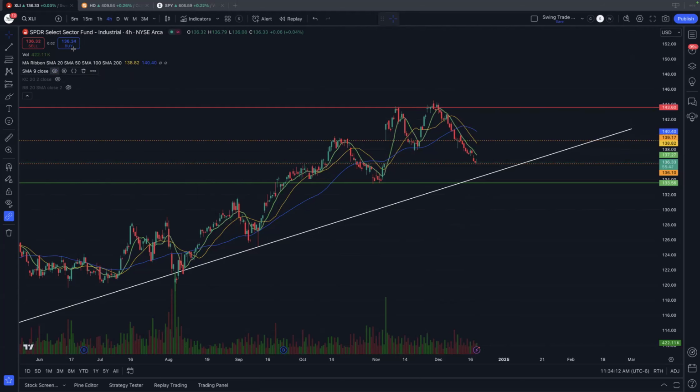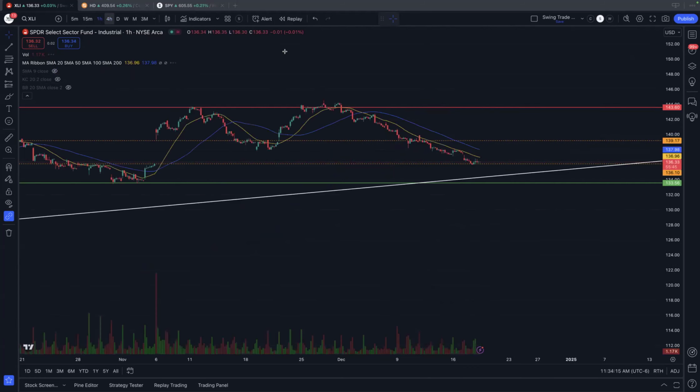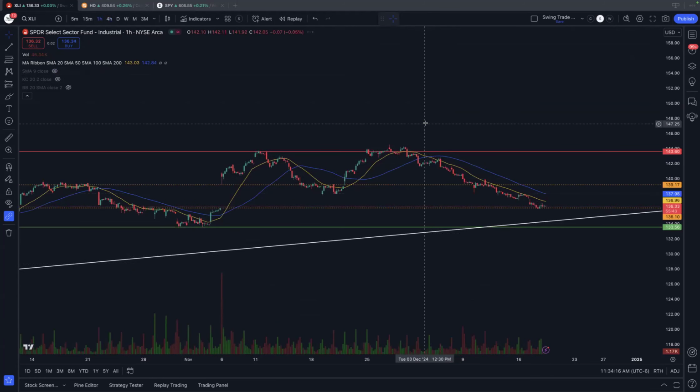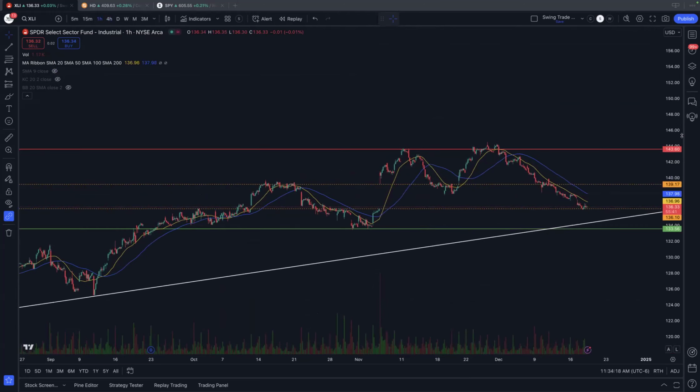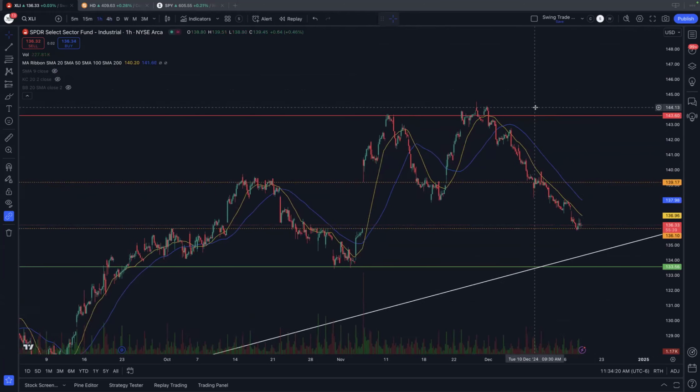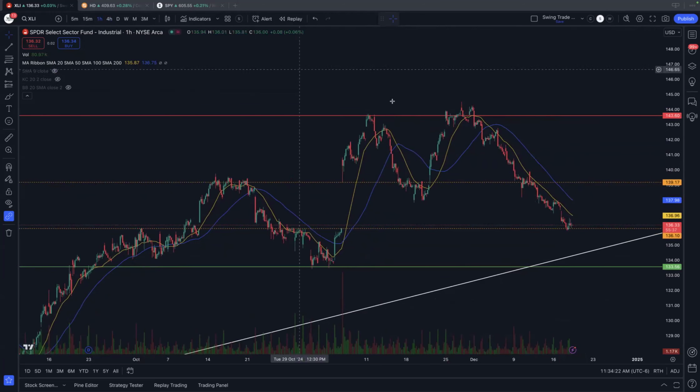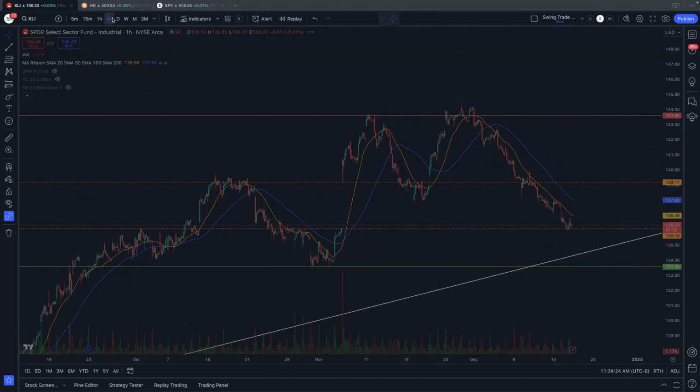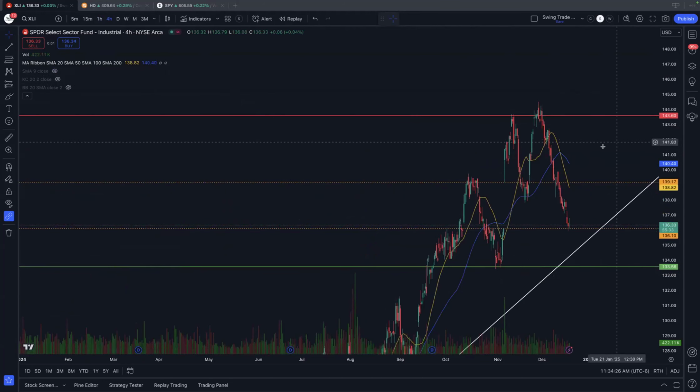Let's travel down to the 1 hour. Now, here on the 1 hour, on a lower time frame, these lower moving averages are going to mean a lot more. So I'm going to go back to the 4 hour, and we can see that the 20 crossed below the 50, gave us a bearish crossover when price was at 141 on the 4 hour.